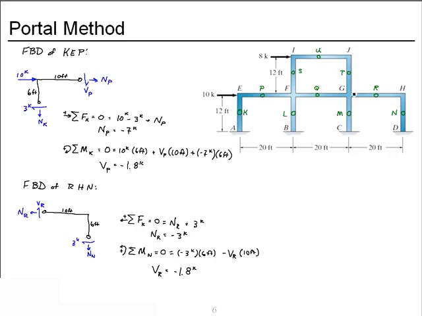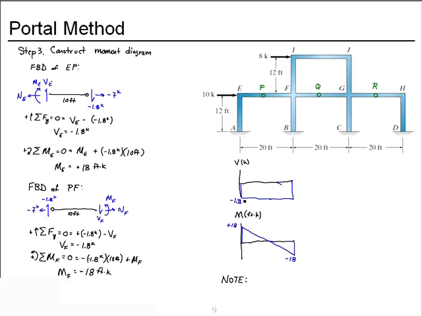And since there is no load applied between G and H, it'll be a constant negative 1.8 throughout, which means that the moment diagram for GH will be exactly the same.